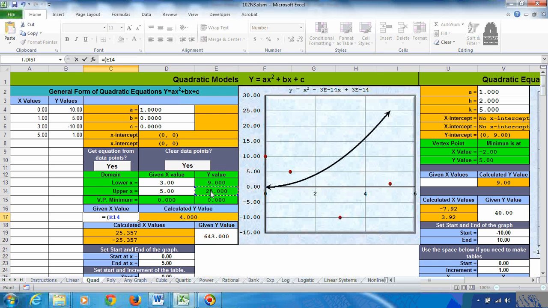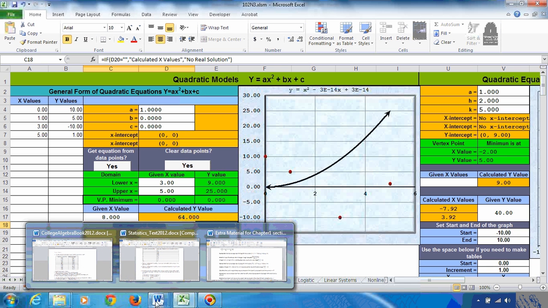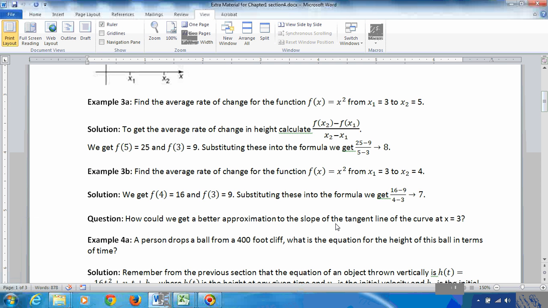Just do click minus click divided by parentheses the x values. Click minus click, close parentheses, and there you go, 8. And let's check it out here. And we get the average speed here, or the average rate of change was 8, and that's what we got.